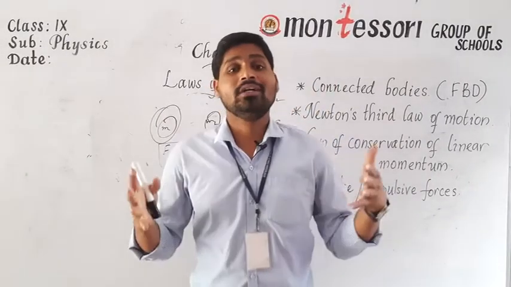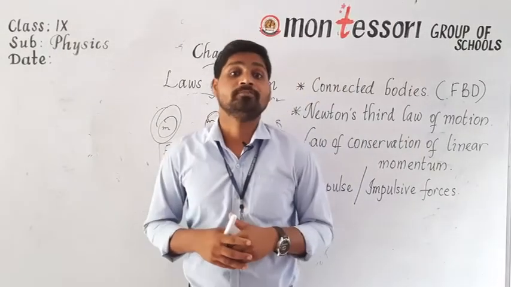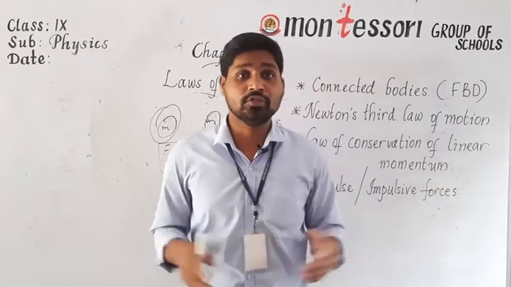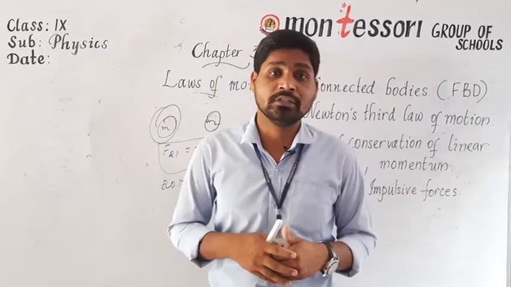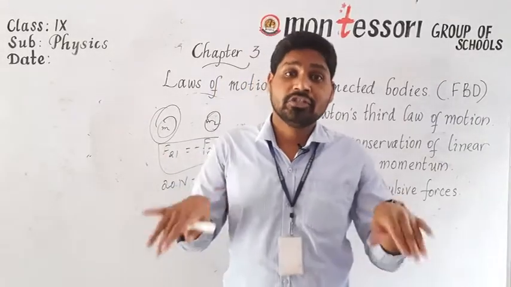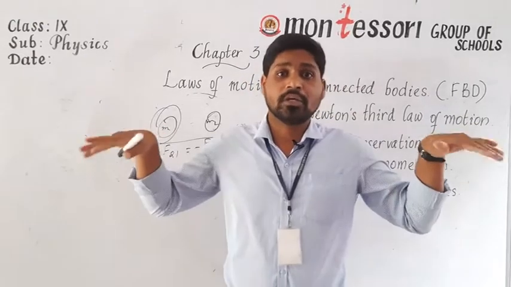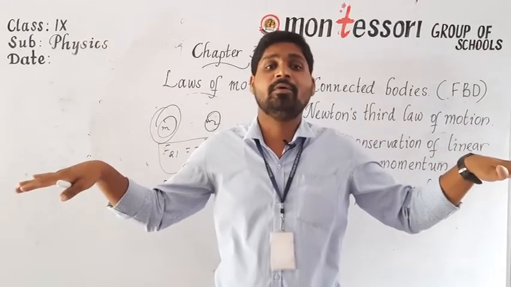So then, what are the daily life applications of Newton's third law of motion? Just now we discussed that a body flying in air, the launching of a rocket into space, and a fish swimming in water are all because of Newton's third law. If you observe a bird, it pushes the air downwards with its wings.